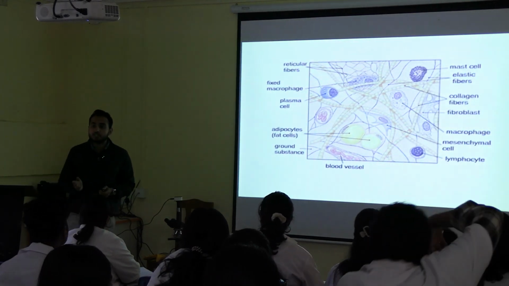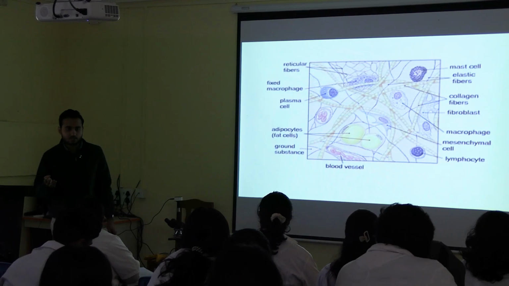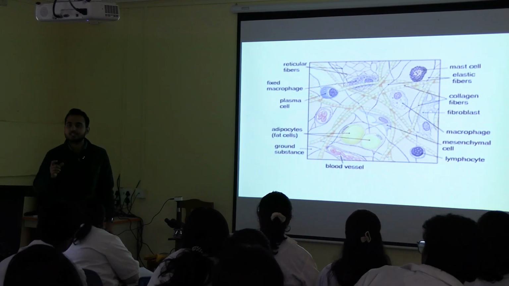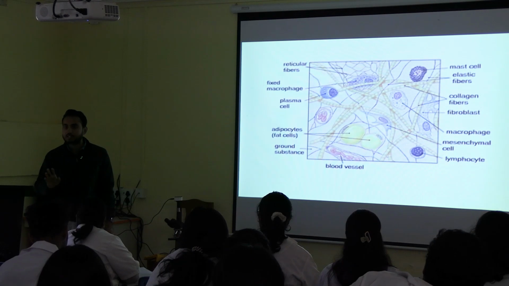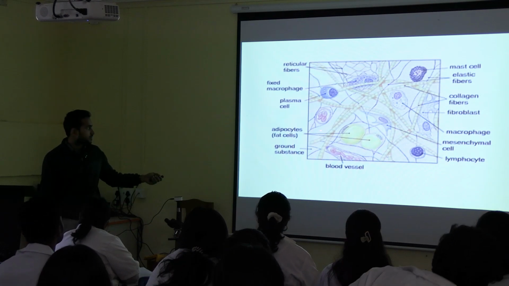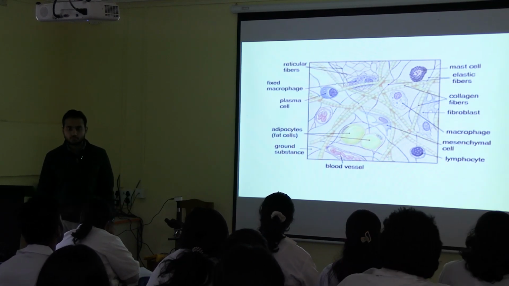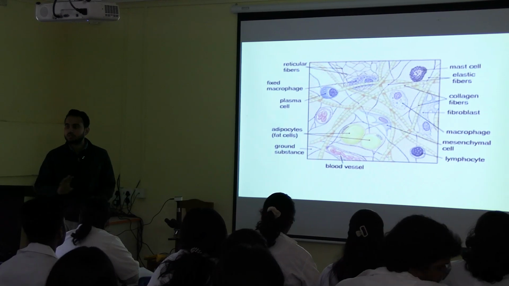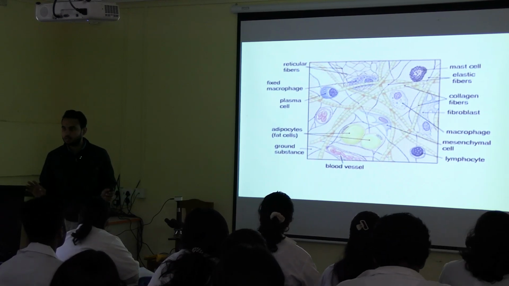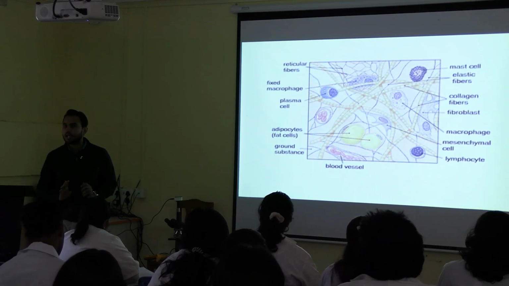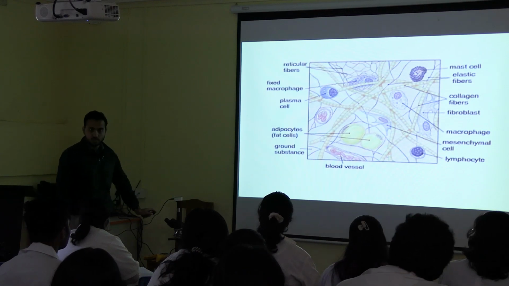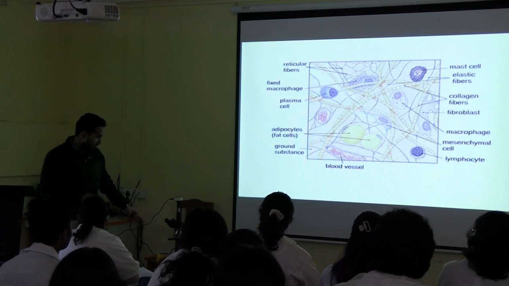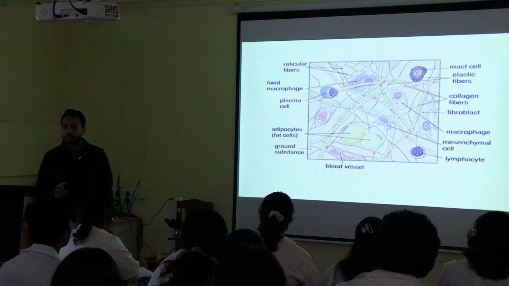So why am I telling you this? Because in the practical class, when you see the slides of the connective tissue under the microscope, at that time you won't be able to see this ground substance, because here we are not using an electron microscope. Here we are using the normal light compound microscope. This type of microscope is used, and I have one slide, I will show you the example of one connective tissue.